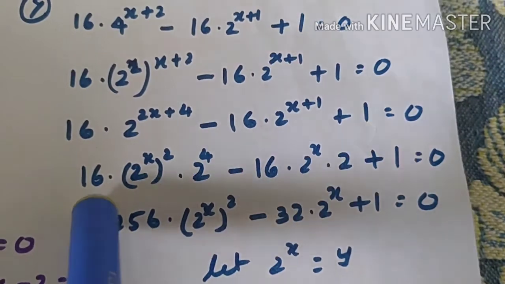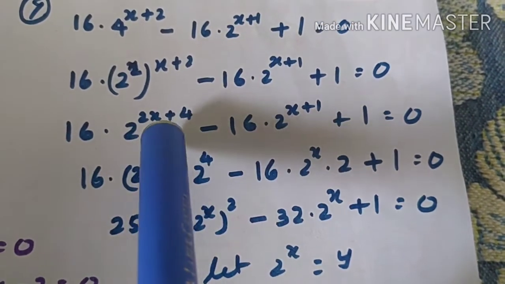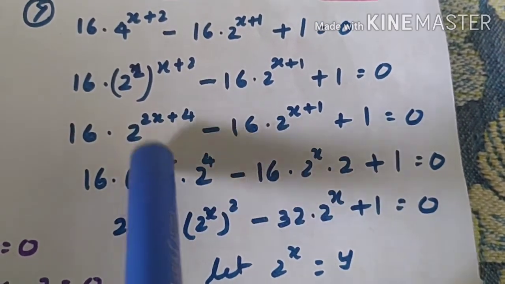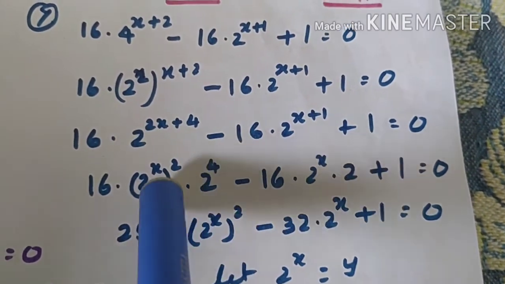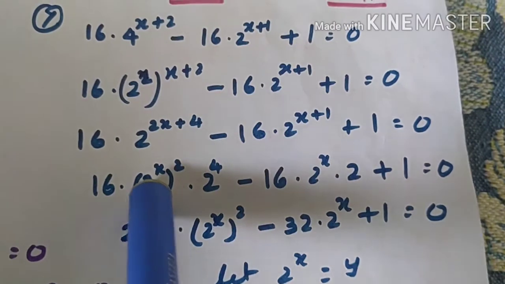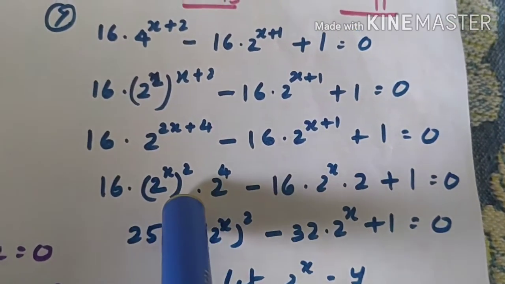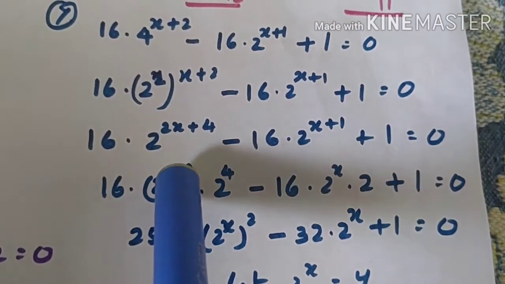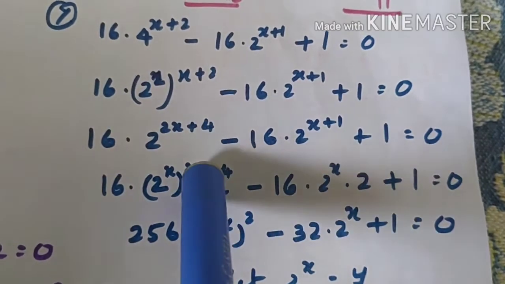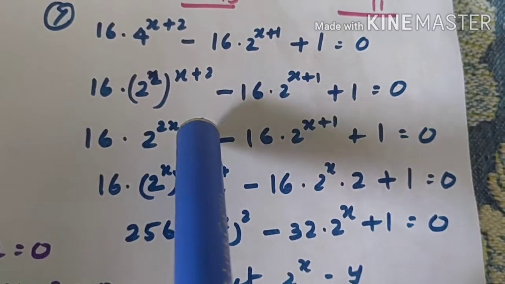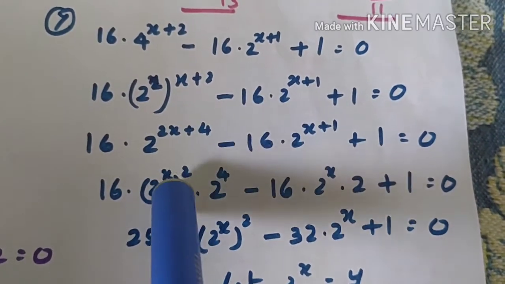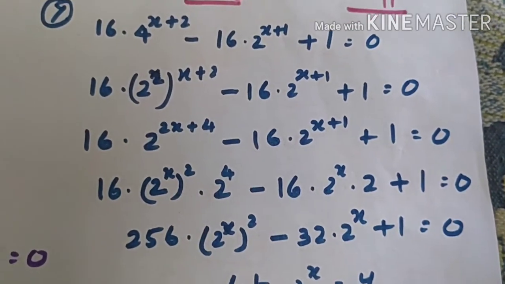Next step, I split this. I am taking this x inside and 2 outside, into 2 raised to 4. Why can we do so? You know the exponential rules: when multiplication is there we can add the powers, and in the converse, if there is a plus sign in the power, you can split them as multiplication.